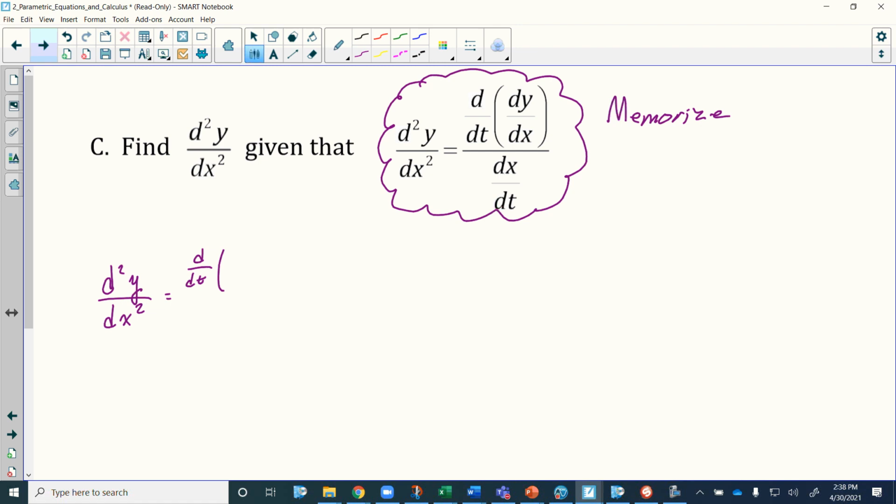So in this case, dy dx is what we got on the last example on part B. So I'm going to put the 3t squared minus 3 divided by 2t. We're going to take the derivative of that divided by dx dt. Well, the dx dt was just 2t.